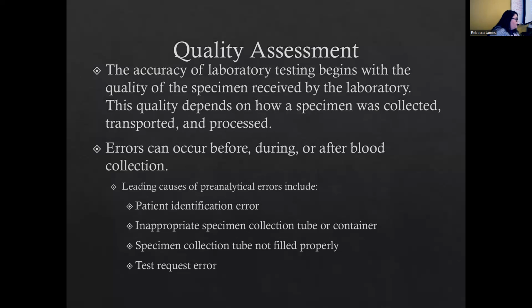So light blue, I'm going to give y'all a chart in a little while, or maybe tomorrow, with every tube and some of the major tests run on that tube. So a light blue top tube has to be filled 90% of the way. Okay, make sure you note that because that is important.